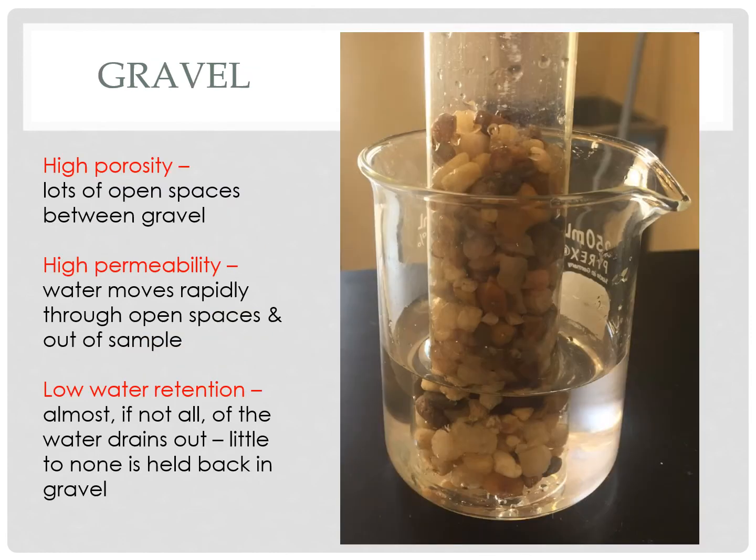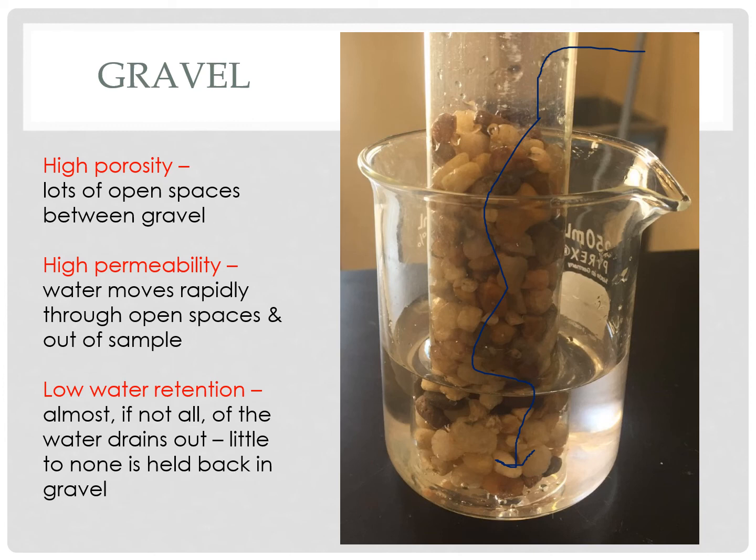So again, we can look at our lab that we did. The gravel, water infiltrated, it went right through the soil, high permeability, right? Worked its way through very easily. So high permeability, and gravel also has a lot of pore spaces that the water could find a path through, right? But it didn't hold anything back.